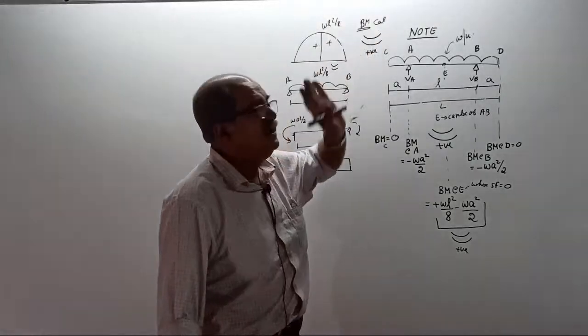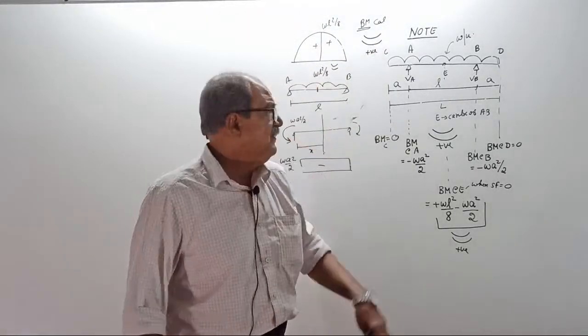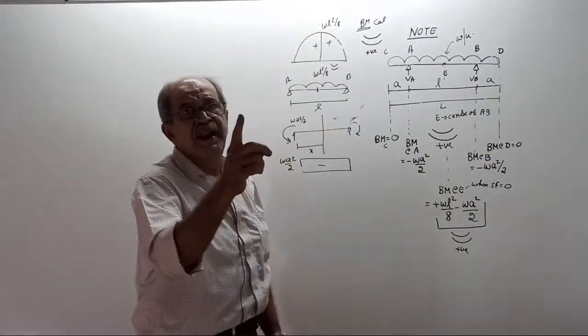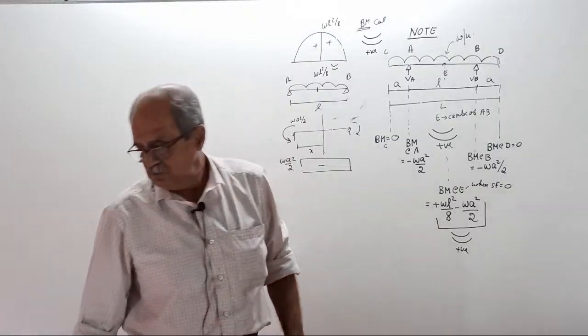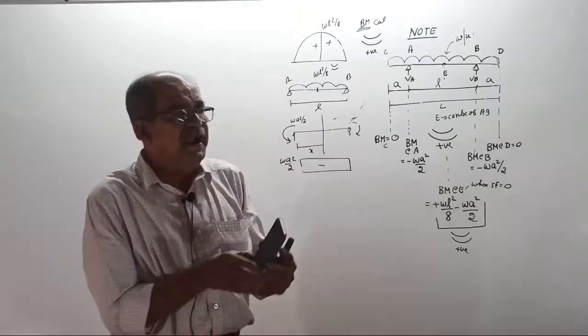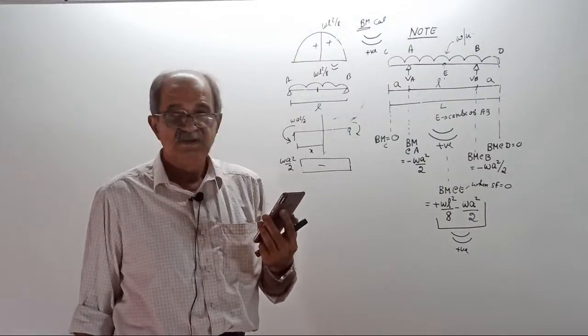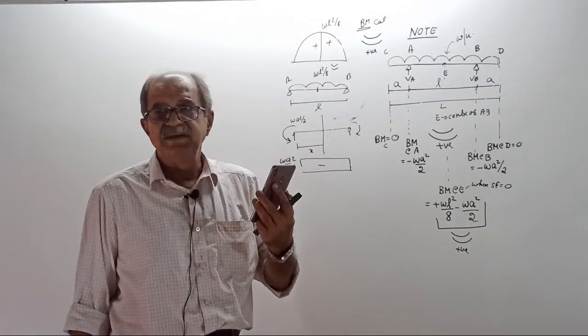Whatever the overhang, whatever the span, this one is negative and this one is positive. Can anybody tell it is guaranteed positive? Tell me. Can anybody tell it is guaranteed positive?